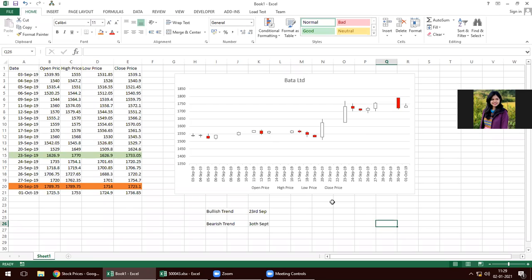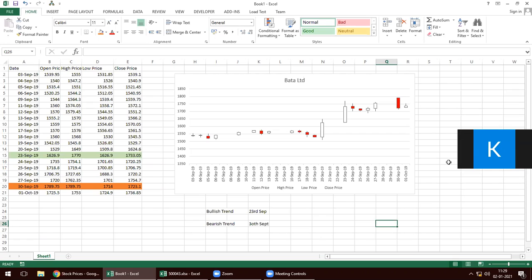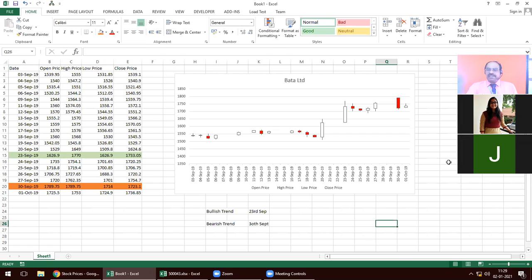Remember that I have not taken the 2020 details. The reason is 2020 is the abnormal period. So never consider the abnormal period for taking a decision. You should be very, very clear with that. You have to consider only the normal days for taking the decision.